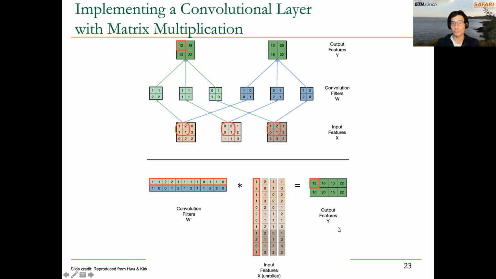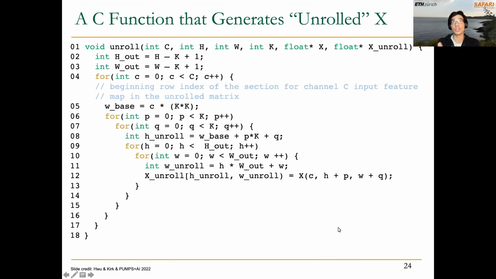A function that generates the unrolled matrix of input feature maps is going to look something like this. Something that we can already identify here is the number of channels, or the number of input feature maps. We also have the height and the width of each of these input feature maps.